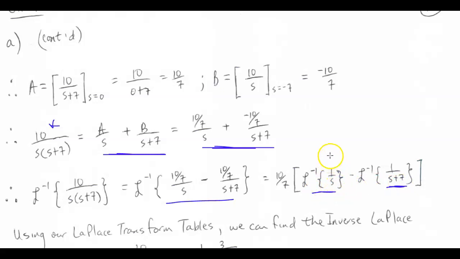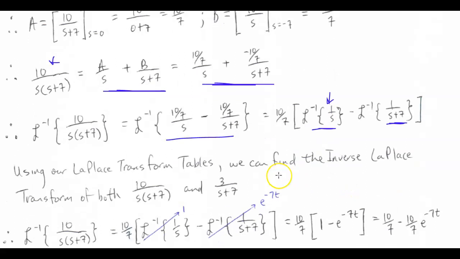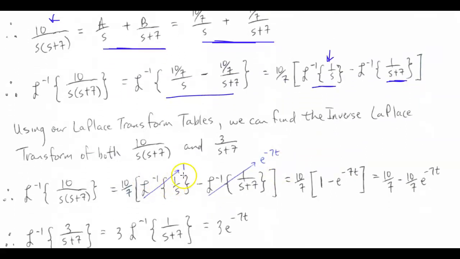So for the 1 over S, the inverse Laplace transform is just 1, because we know that the Laplace transform of 1 is just 1 over S. And for the 1 divided by S plus 7, the inverse Laplace transform of that would be e raised to the negative 7t.